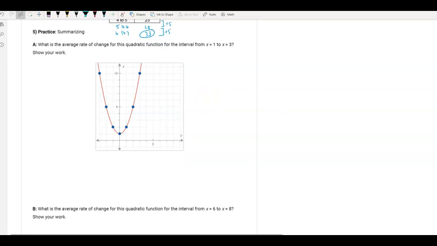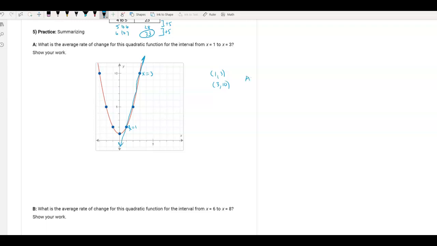So the next one, what is your average rate of change for this quadratic function for the interval 1, 2, 3? So when I go from an x value of 1 to an x value of 3, right? We went from 1, 3 to 3, 10. How would I find this average rate of change? I'm basically finding the slope of the line between the 2 points.